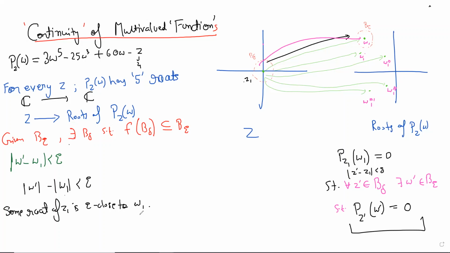That as Z1 approaches Z, some root of Z1 should approach W1, kind of. Some root should be there. So if we take smaller and smaller balls around Z1, then at least some root corresponding to that Z1 should end up in the ball.